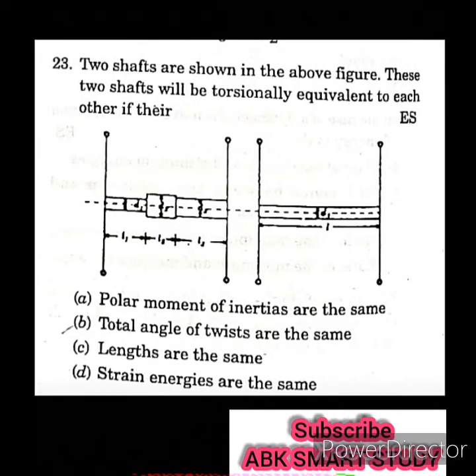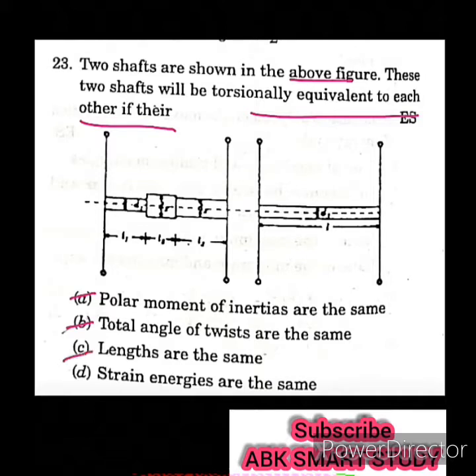Two shafts are shown in the above figure. These two shafts will be torsionally equivalent to each other if their, option A, polar moments of inertia are the same. Option B, total angles of twist are the same. Option C, lengths are the same.